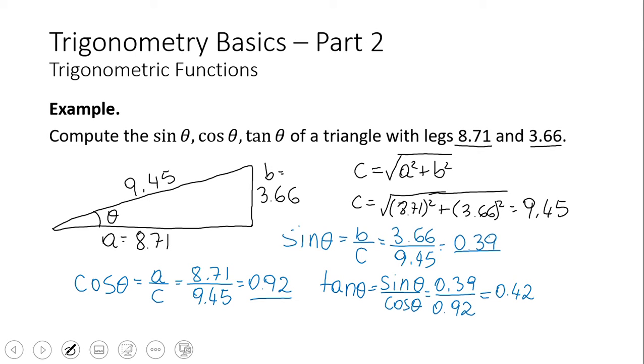Or likewise, you can use the fact that the tangent is b over a, and I'm going to let you verify that rounded you get more or less the same answer. So the two answers agree as they should.